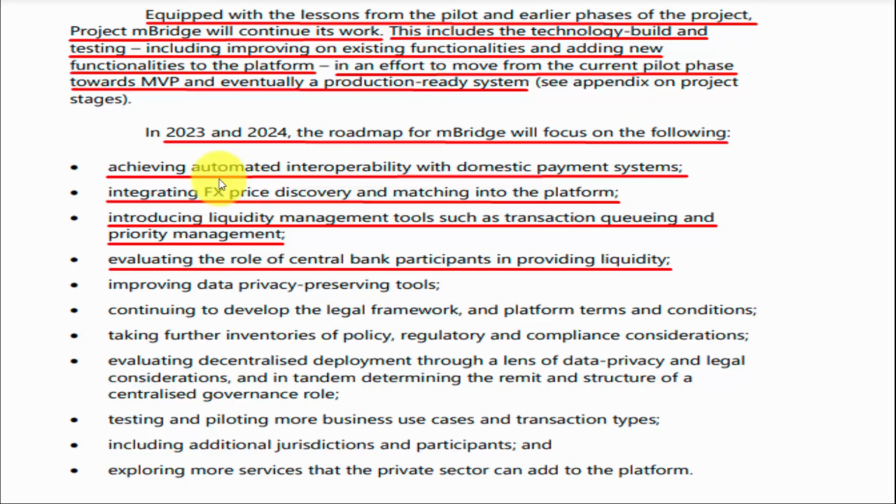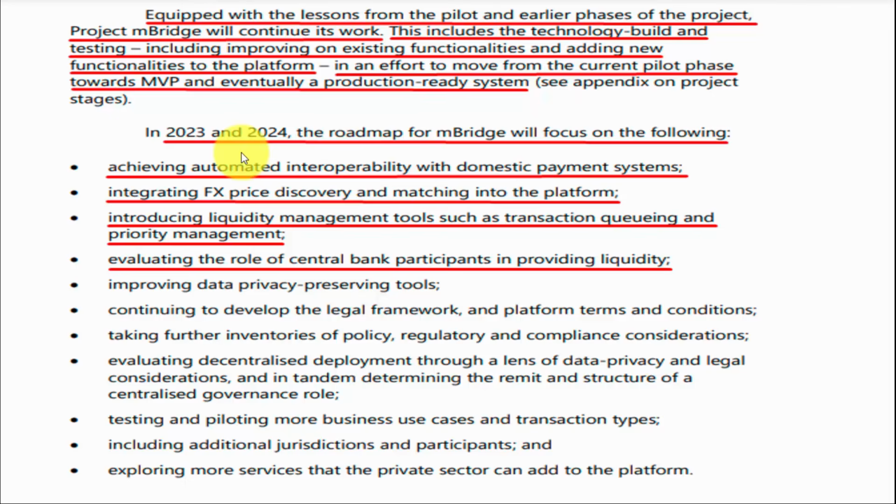So mBridge and the XRPL, they are not the same, but they are similar in the fact that they're both tackling cross-border payments and CBDC interoperability, but they both do it in a different manner. Okay? Not everything is XRPL just because they offer CBDC interoperability.